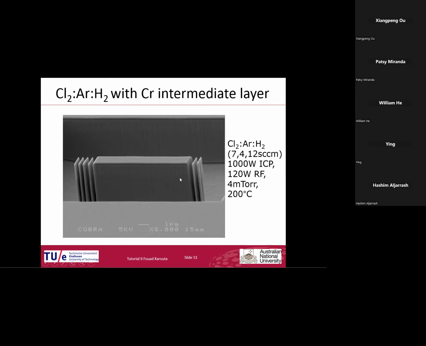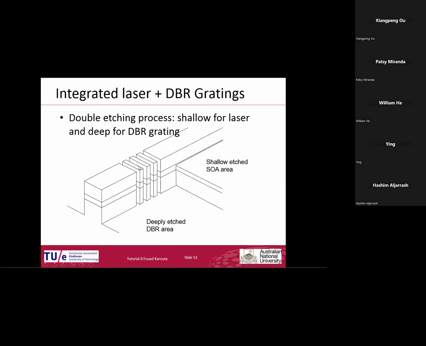This is not a real laser structure at the moment, but it was simulating a low reflective mirror and a highly reflective mirror. In a DBR grating, the more periods you have, the higher reflectivity you get. So that was the type of device we wanted to do. This area will be the SOA, semiconductor optical amplifier, or laser, in fact.